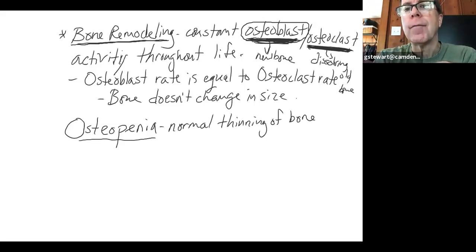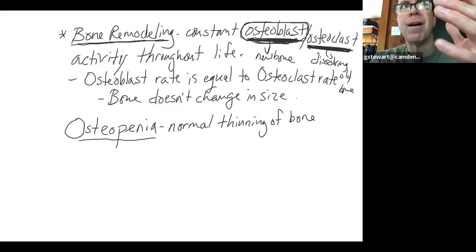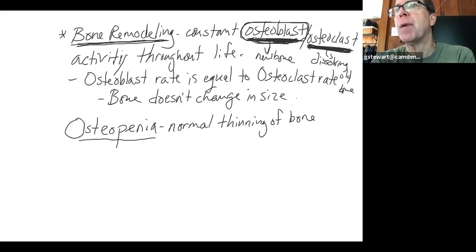So when we're young, this is worth noting, osteoblast activity is faster than osteoclast. That's why our bones grow. When we're adults, we still have bone remodeling. That means these activities are about the same. So we're still making new bone and getting rid of old bone, but at the same rate. So our bones stay about the same size.